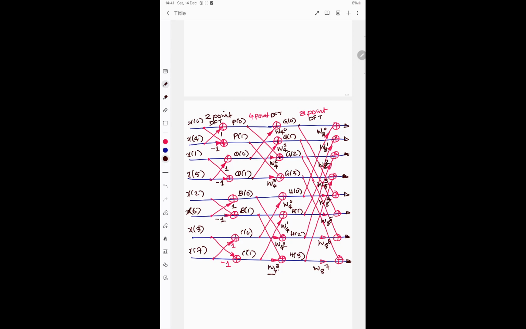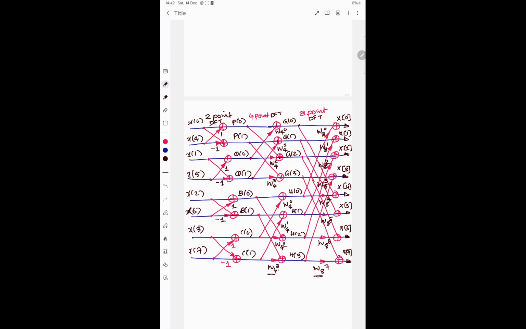So the final coefficients are from W8 power 0 to W8 power 7. The outputs are in the normal, regular order: x0, x1, x2, x3, x4 up to x7.